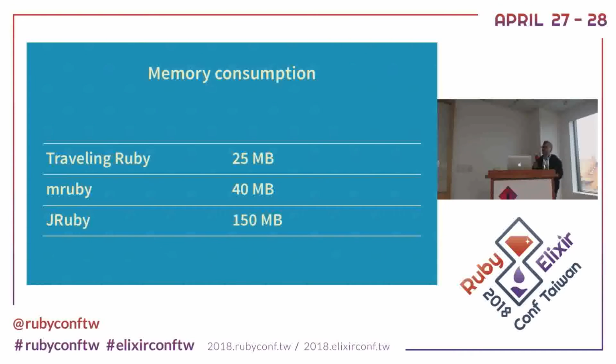I'd also expect memory consumption of JRuby to be largest, but I didn't expect it to consume 150 megabytes at its peak. And the problem with JRuby's memory footprint is that it goes beyond the lowest billing plan, the 128 megabyte model, so you have to upgrade your plan to use JRuby.